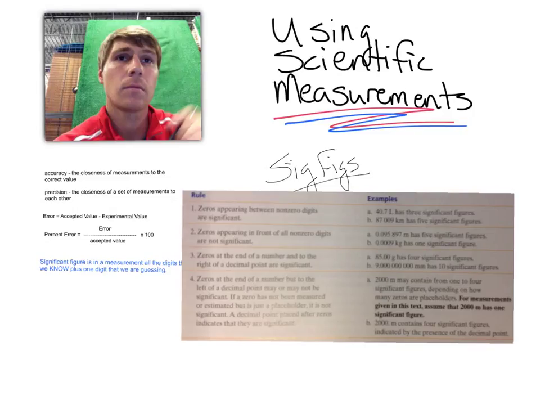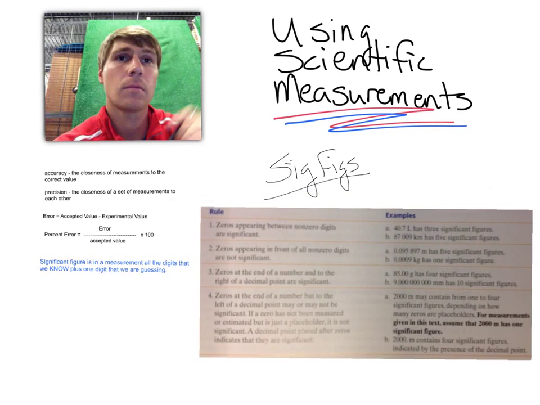And then number 4, that's showing you that the zero is at the end of the number, but to the left of the decimal point, they may or may not be significant. Basically, this has to do with, are we estimating or not? Because remember, a significant figure is all of the digits that we know plus one guess. So in these numbers over here, are we guessing that it's 0.7?